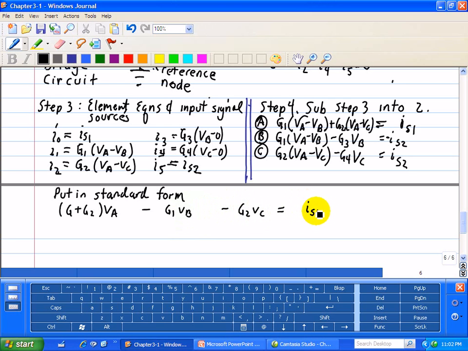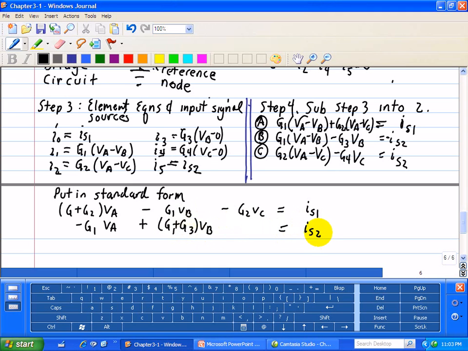IS1. Now to clean up node B, we multiply the equation associated with node B by -1, and we'll see why, because that's going to give us a minus G1 VA plus G1 plus G3 times VB is equal to IS2.